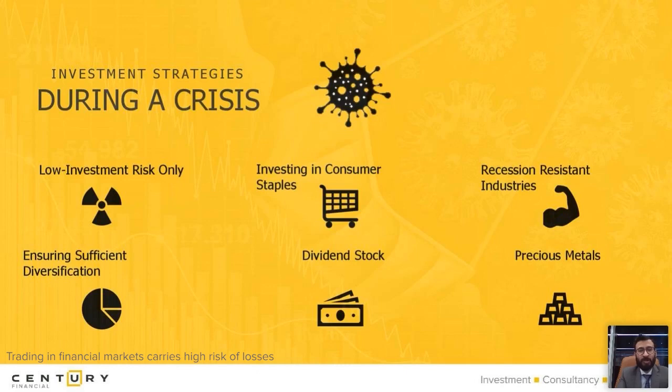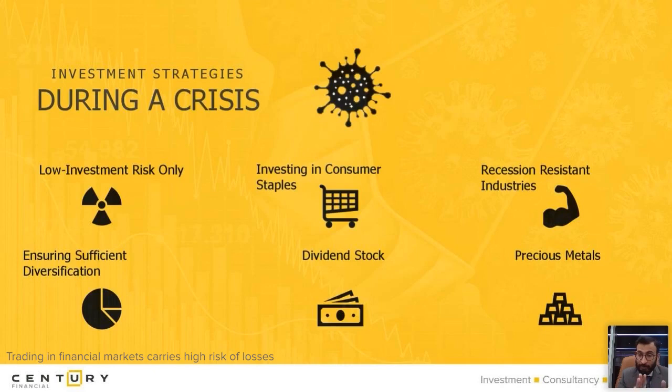Now, when we talk about consumer staples, first is low investment risk only, which means most of your exposure should be in bonds, because you get a fixed income on your bonds every six months, depending on how the bond is. And then at the end of a certain maturity, you get your capital back.